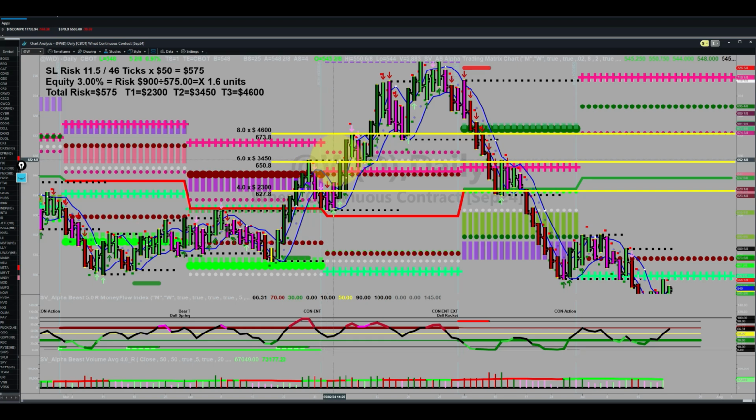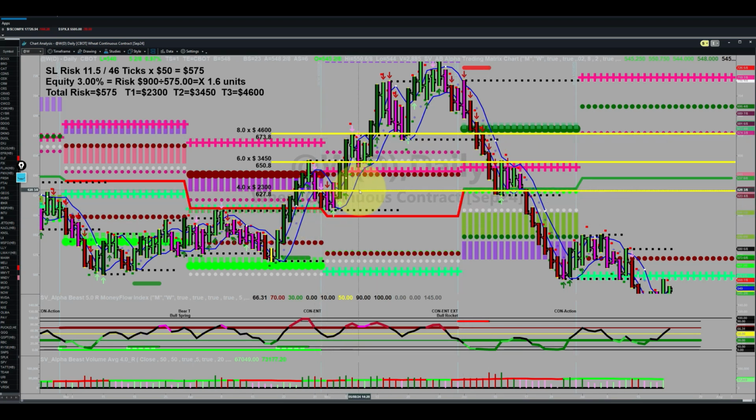And if I have multiple contracts, which I don't in this case, then I would take profit on one, let the other one run by placing the stop loss on the pivot, pivot, pivot. And we would have finally gotten stopped out here somewhere on the third pivot.